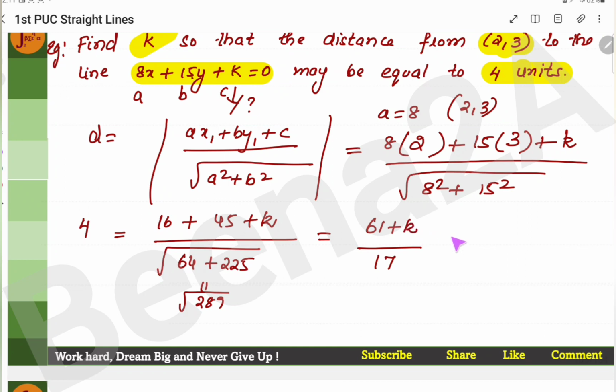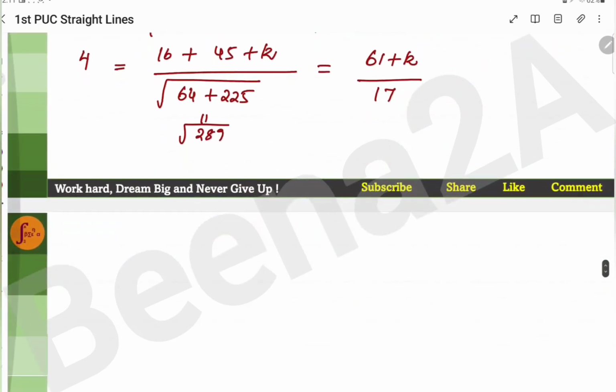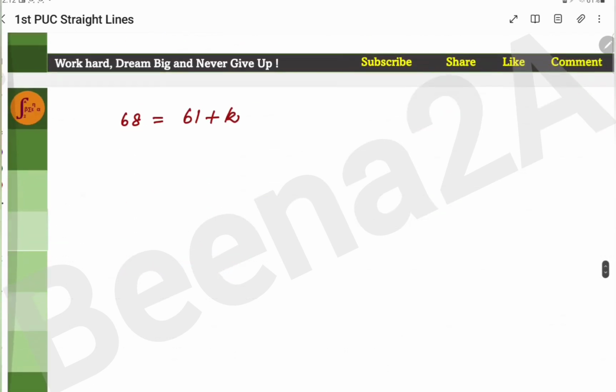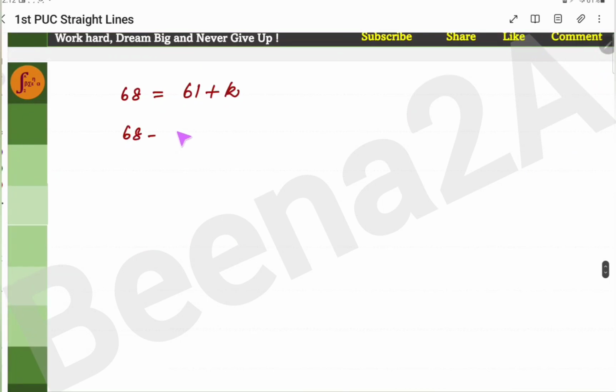So 61 plus k over 17, and this is equal to 4. So I'll multiply 17 into 4, which is 68. 17 into 4 is 68, equal to 61 plus k. So I'll get 68 minus 61 is equal to k. So this will be 7. Therefore k is equal to 7.